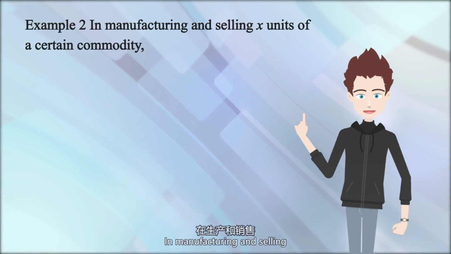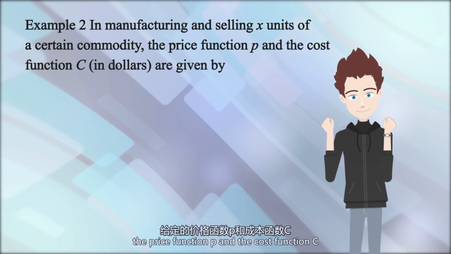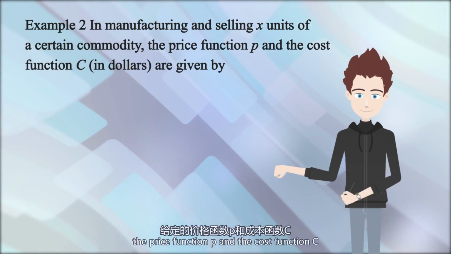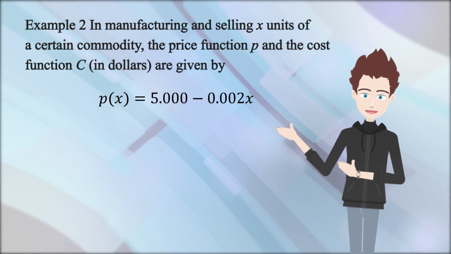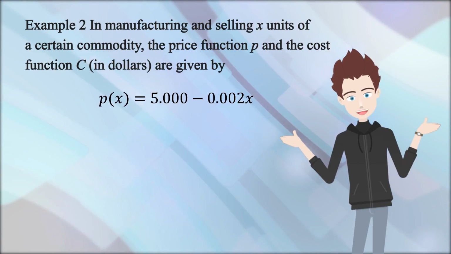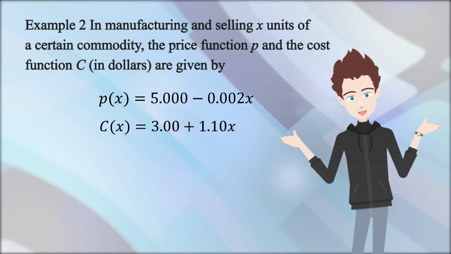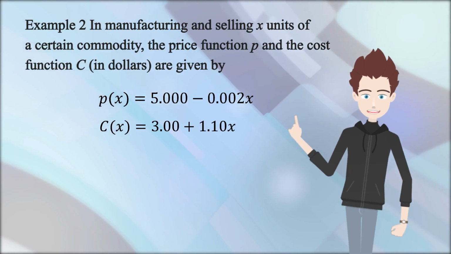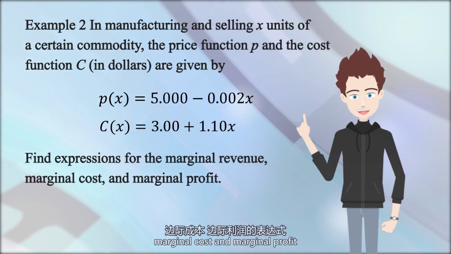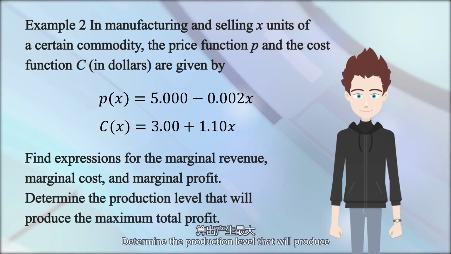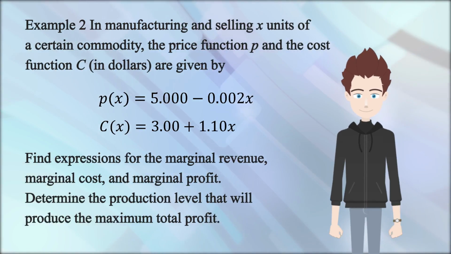Okay, in manufacturing and selling x units of a certain commodity, the price function P and the cost function C are given by P of x equals 5 minus 0.002 times x, and C of x equals 3 plus 1.1x. Find expressions for the marginal revenue, marginal cost, and the marginal profit. Determine the production level that will produce the maximum total profit.